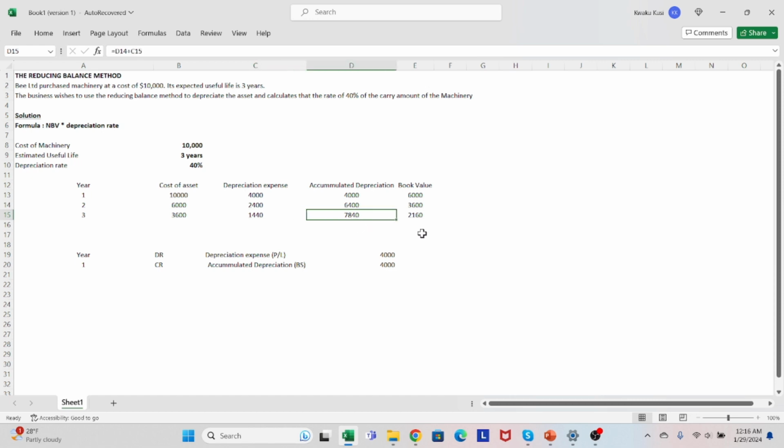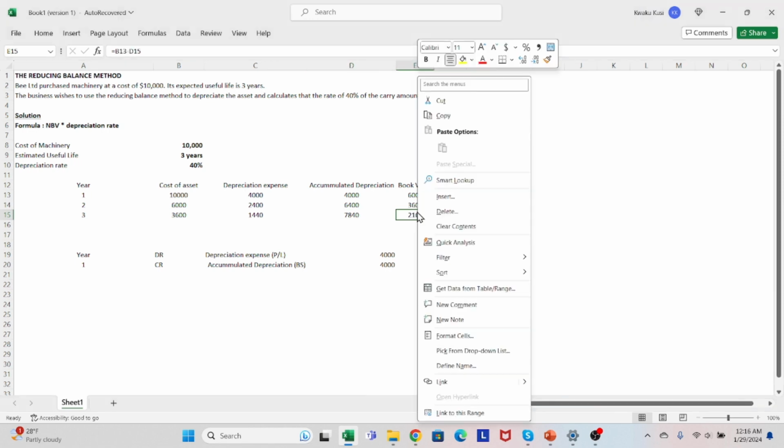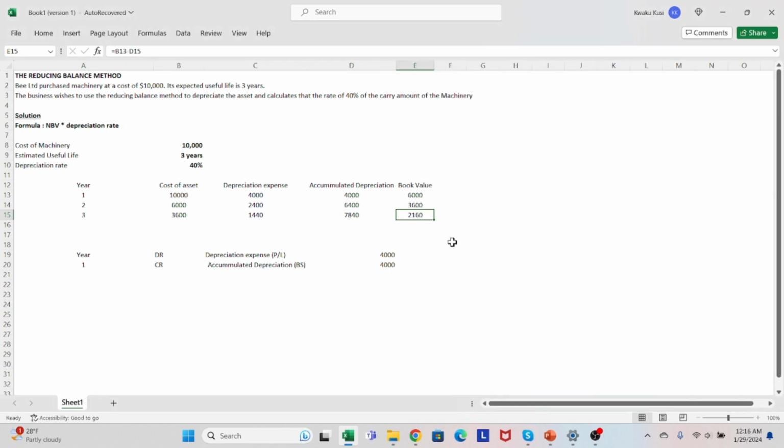So at the end of the third year, the book value which will be showed on the balance sheet will be 2,160.